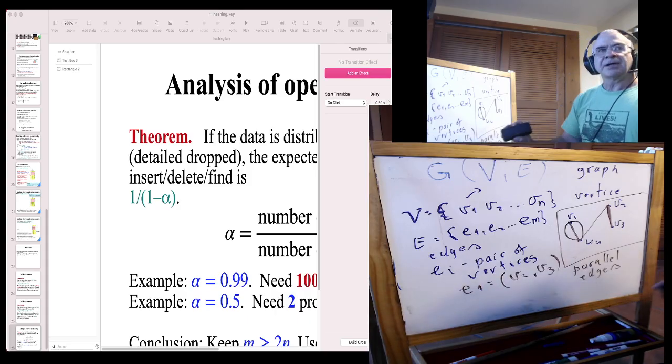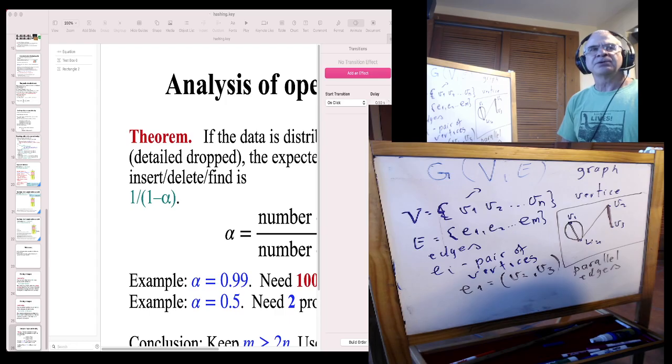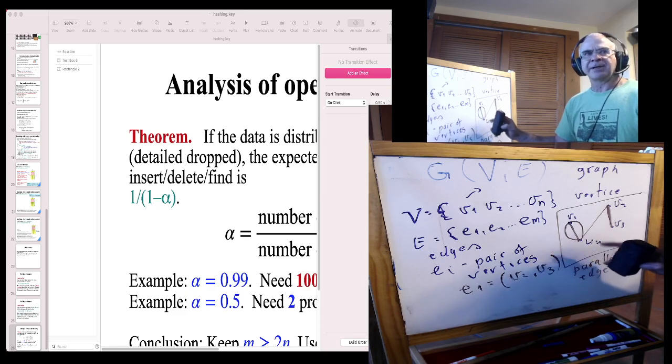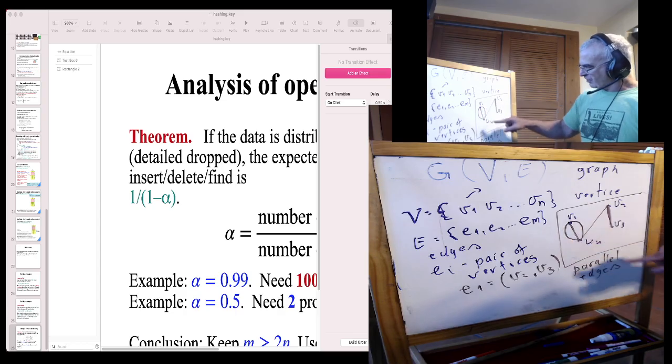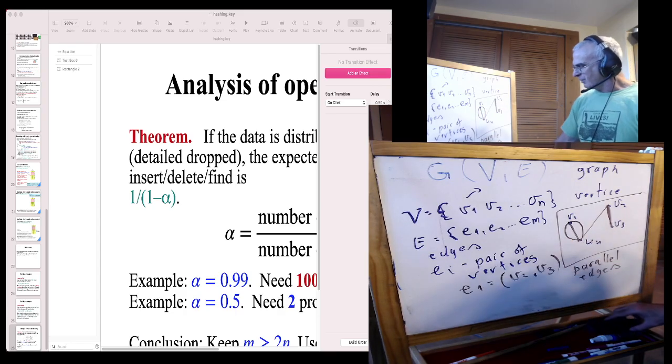In all the applications that I'll discuss with you, I can assume that I don't have parallel edges that connect the same pair. Again, I'm talking about the undirected case. There is an edge between V1 and V4 only if there is an edge between V4 and V1.